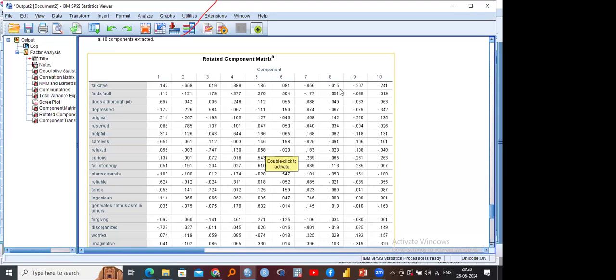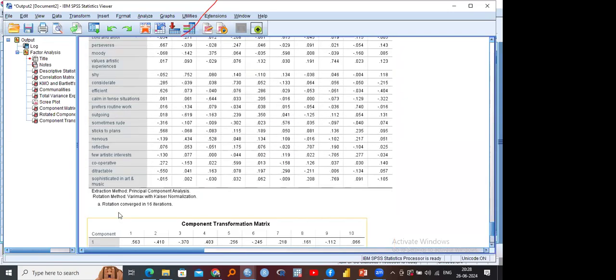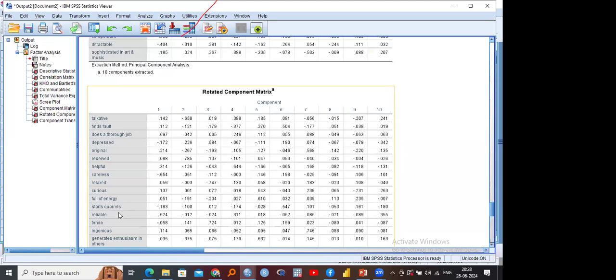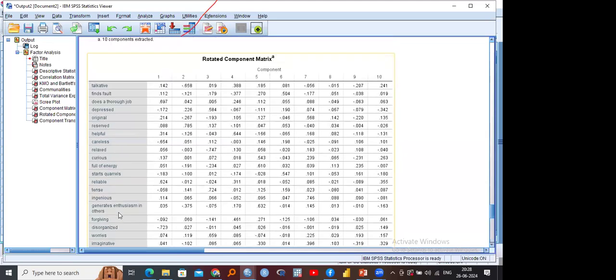Okay, now you can see there are 10 components or 10 factors here, and there are 44 variables given here, those 44 which we have taken for the analysis. Now we have to decide which variable goes into which component. Starting with the first one, that is talkative.